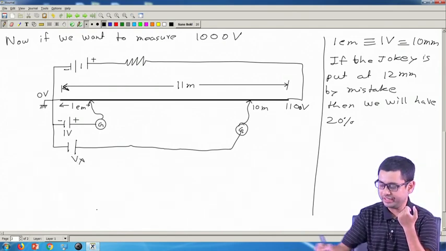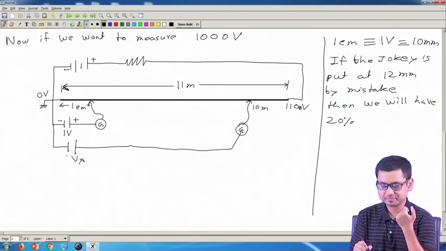So, we will finally have 20% error in the measured voltage. So, that is the problem.